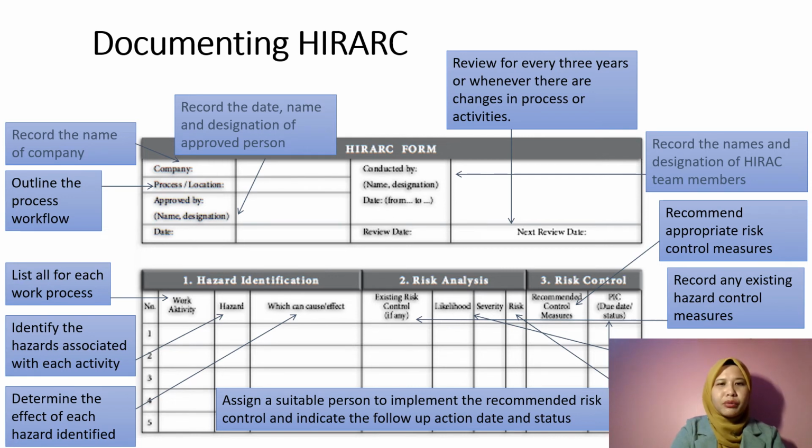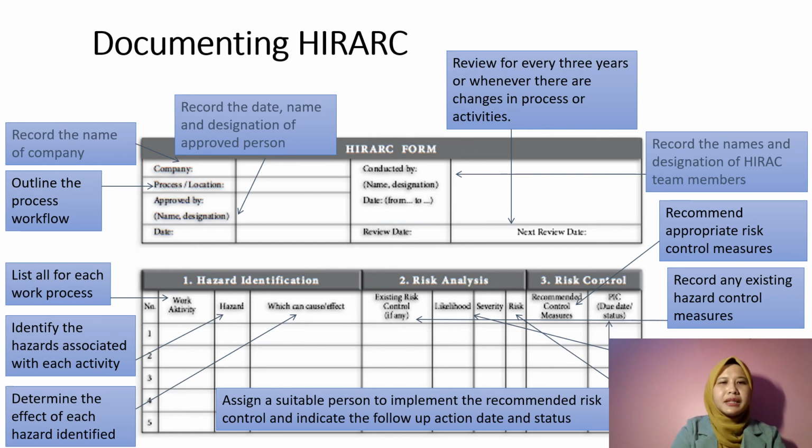List all activities for each work process under the work activity column. Identify the hazard associated with each activity and record it in the hazard column. Determine the effect of each hazard identified and record it in the effect column.